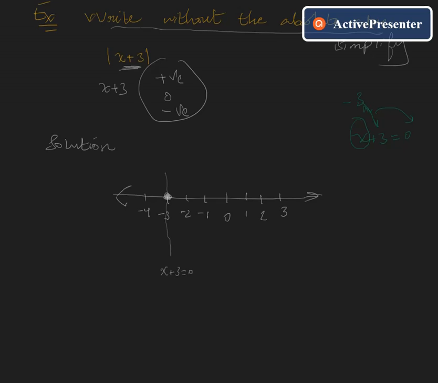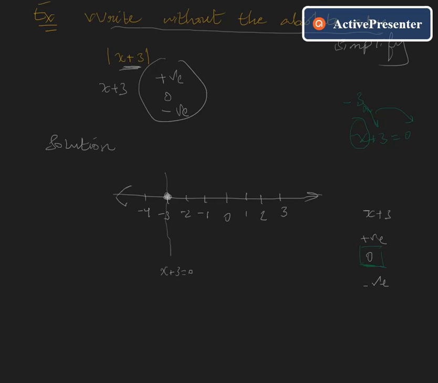Again, we would like to know what values make x plus 3 positive, 0, or negative. We know the value that makes x plus 3 equal to 0 is x equals minus 3. How to determine the rest?